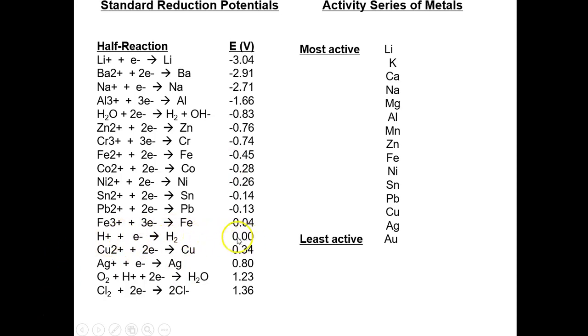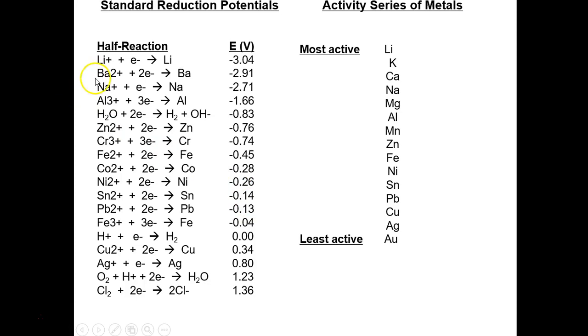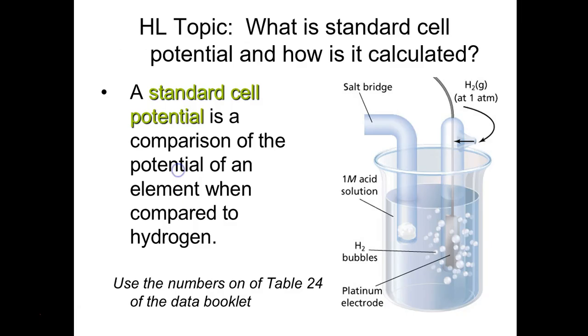You see that hydrogen ions have a cell potential, electrode potential, of 0. So all these values are based on what is known as a standard hydrogen electrode. And here is the standard hydrogen electrode. Okay, so first of all, these values can be found in table 24 of the data booklet. Those and a whole bunch of others.